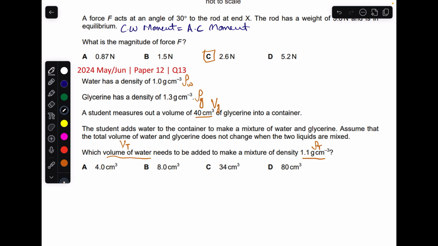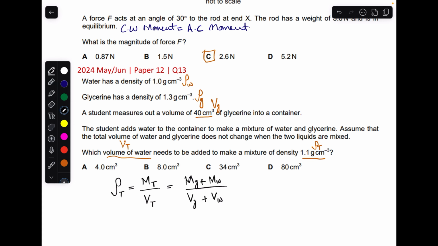You have the total density. As we know, density is equal to mass over volume. It will be total mass over total volume. So how can the total mass be calculated? It will be the sum of mass of glycerine plus mass of water, and total volume will be volume of glycerine plus volume of water. So what do we have to find?